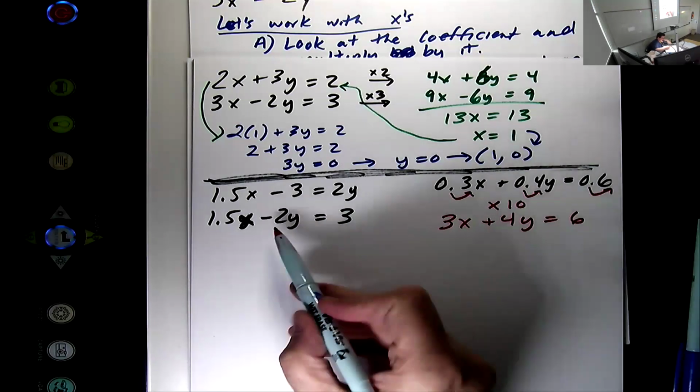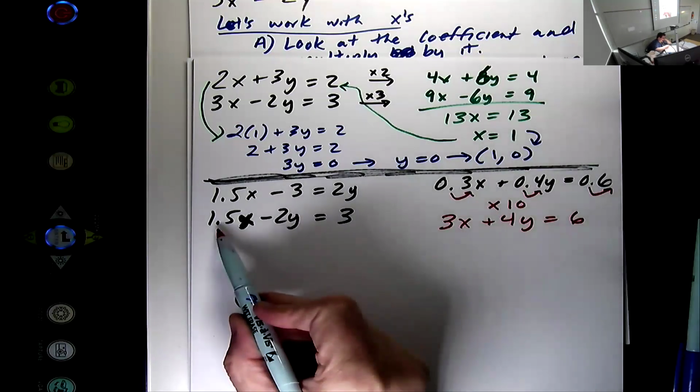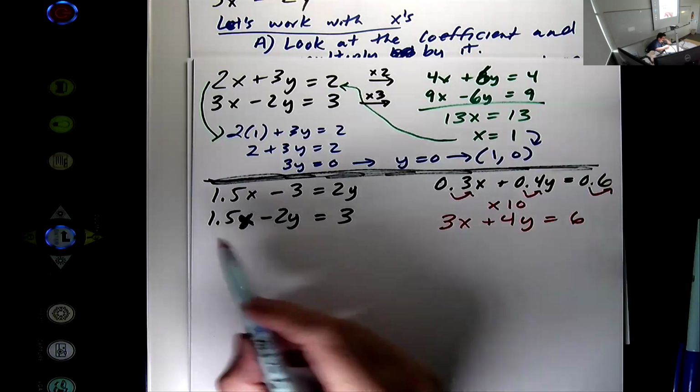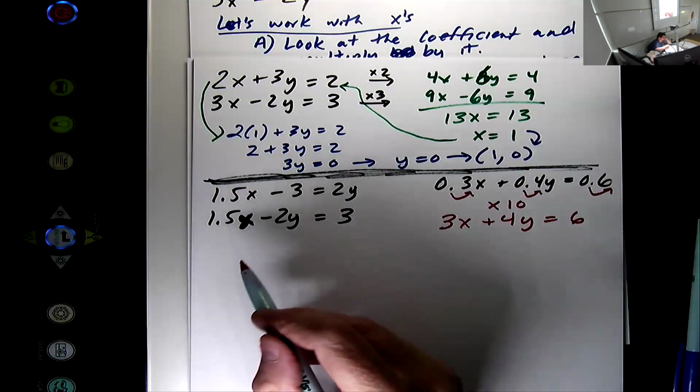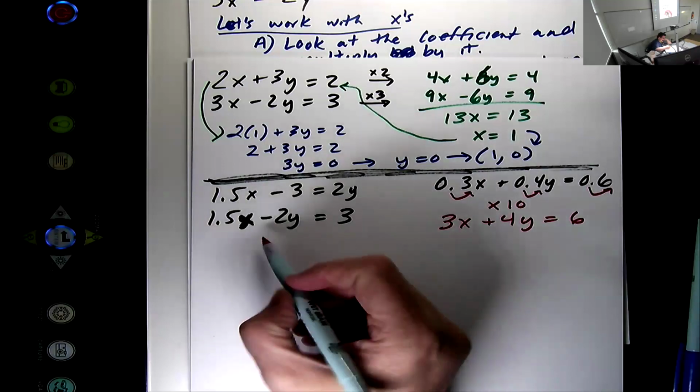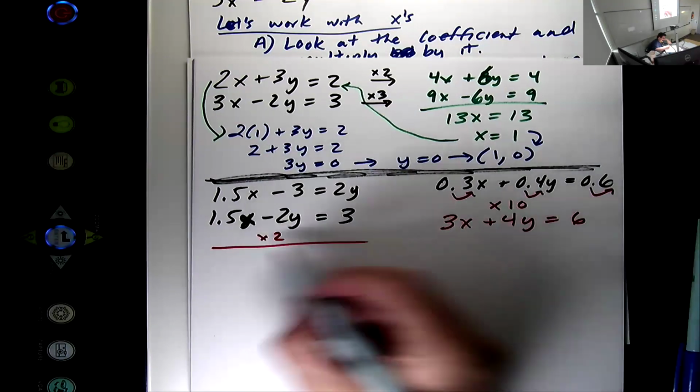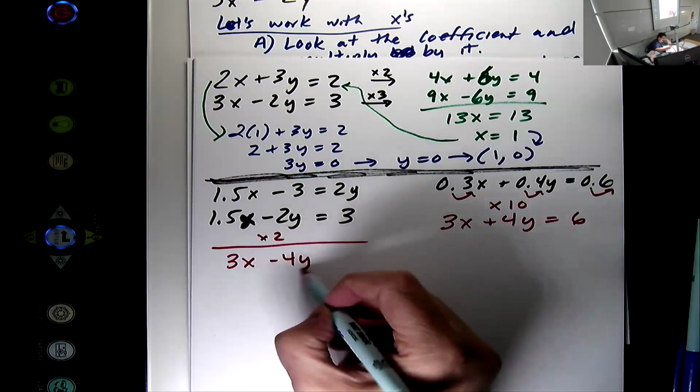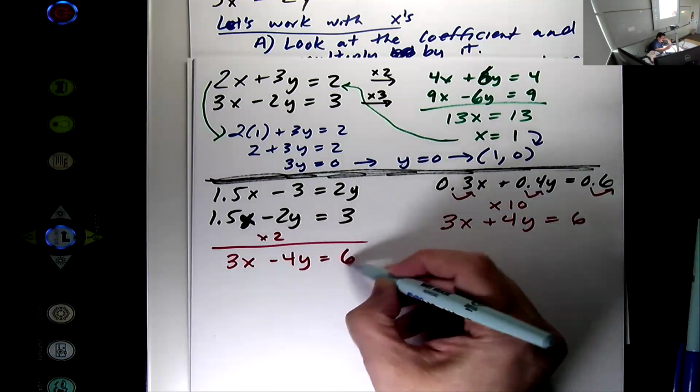I can multiply by 10 over here, or I can get rid of the 1.5. Anytime you have a 0.5, just doubling it will get rid of that. If I multiply by 2 here, I'll have 3x minus 4y equals 6.